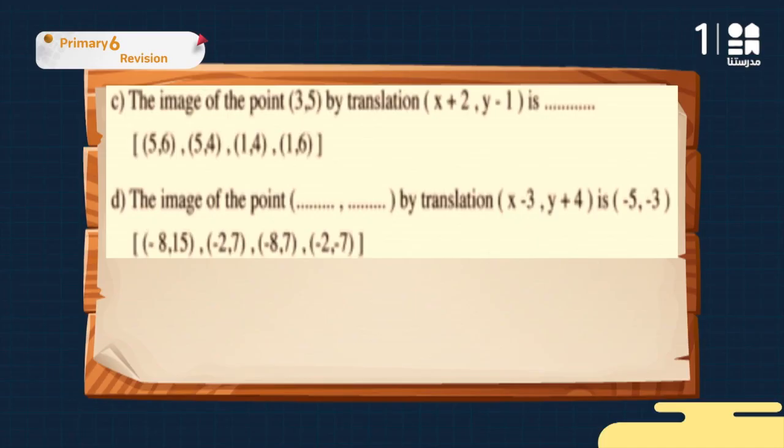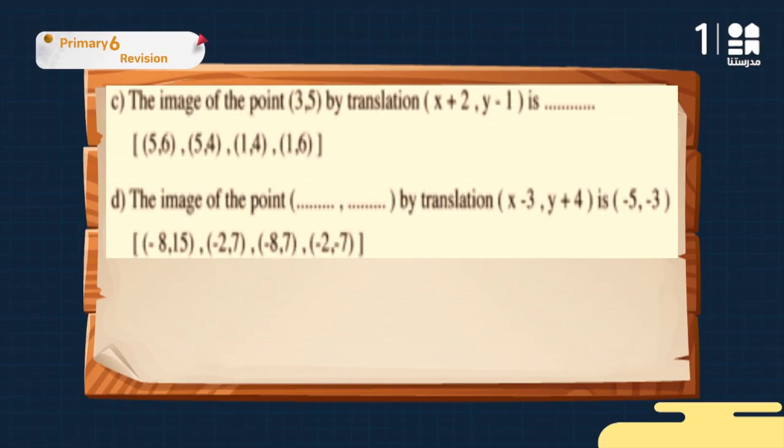Here I have the image of the point 3 and 5 by translation x plus 2, y minus 1. He gives me the translation for the two points, in x and in y. First of all I will find my point, 3 and 5, meaning 3 in x and 5 in y.